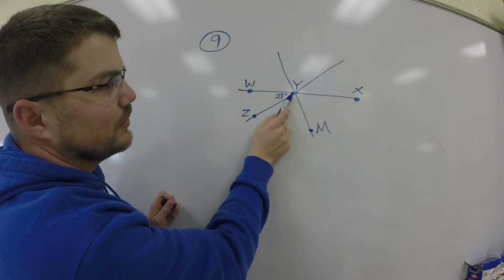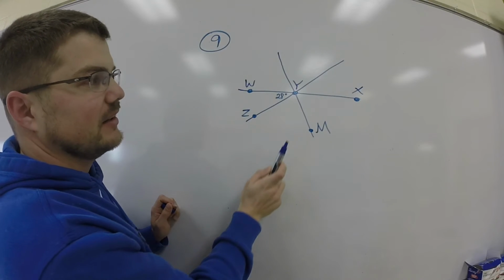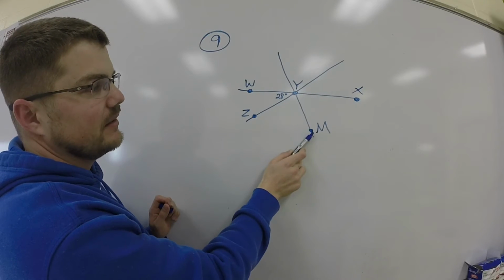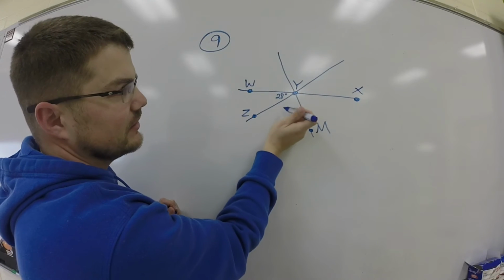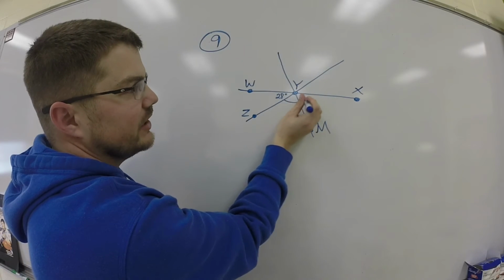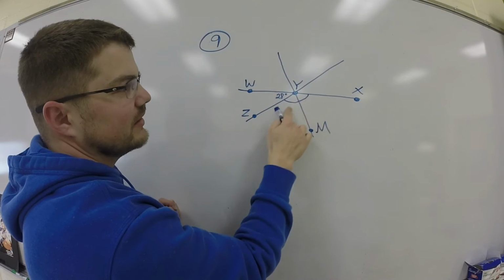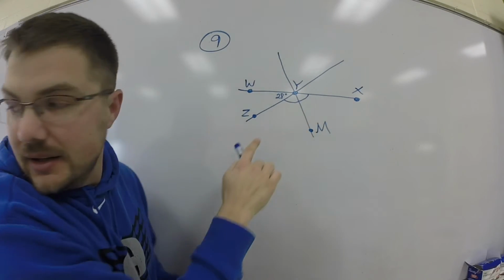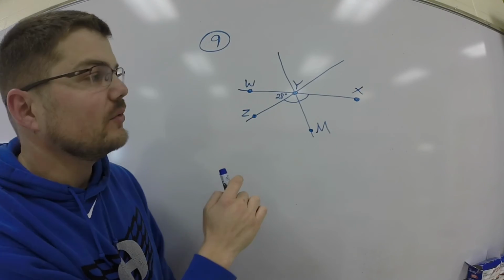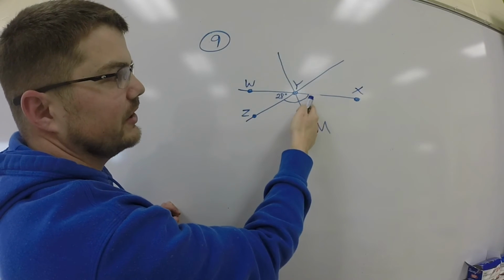So YM is going to bisect. That means it cuts it in half. It's going to cut in half angle ZYX. So what that tells me is this angle here and this angle here are going to be the exact same measure. Alright, and it wants to know the measure of angle XYM, so this angle here.